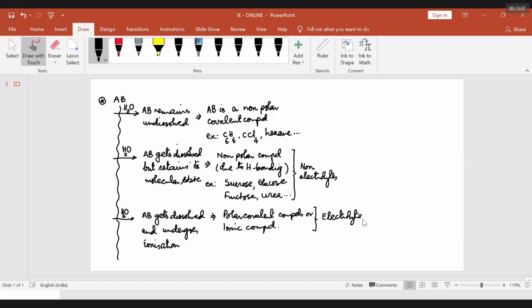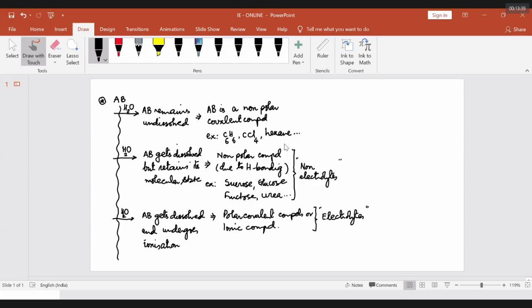Again, I am saying, you should have a broad mind understanding. Vision should be large. The word electrolyte and non-electrolyte is based upon conducting ability. Let me explain like this, sir. I have taken sodium chloride. I have taken HCl. Who is that fellow HCl? Gas. Now, if you take HCl gas, is it a conductor of electricity? No. Therefore, we say the gaseous form of a polar covalent compound is a perfect insulator.